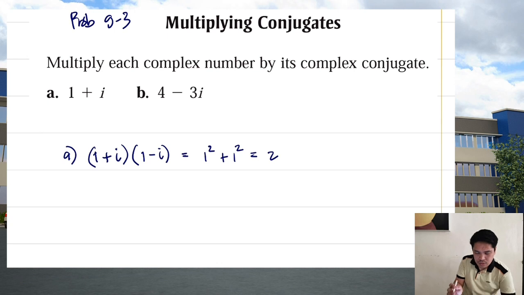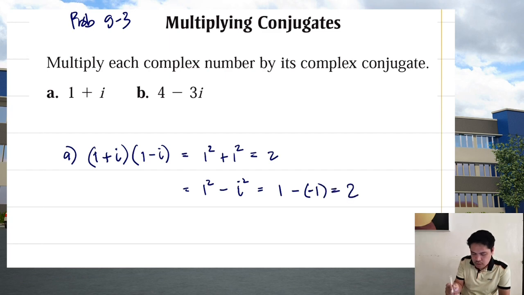Ganun lang. Or kung medyo gusto natin complex ng konti, kompleto yung solution, we'll have 1 squared minus i squared. Ganun. So 1 squared is 1 minus i squared is negative 1.